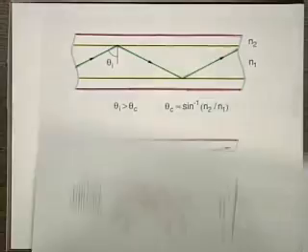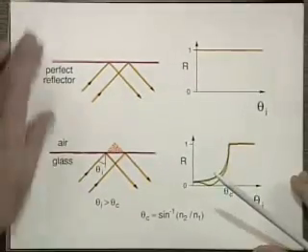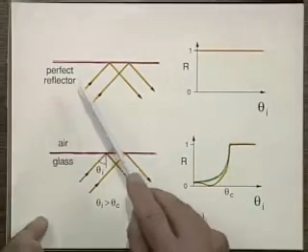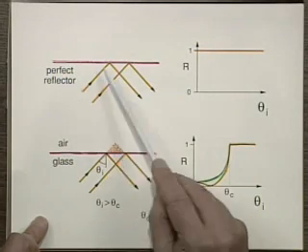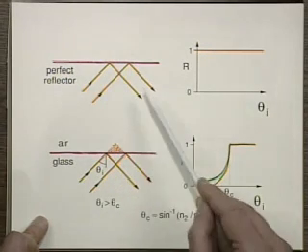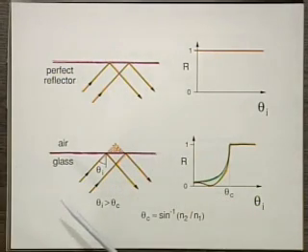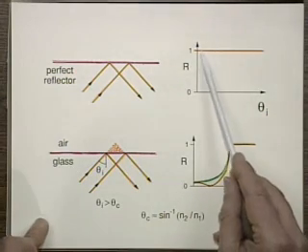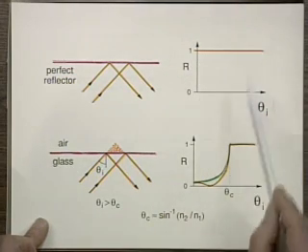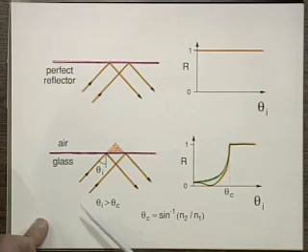Just to remind you some more of what's going on, let me remind you of the perfect mirror. When you have a perfect mirror, the light comes in, and essentially close to 100% of the light gets reflected, and the reflectivity is close to 100%, as I say, is 1 as a function of angle of incidence.